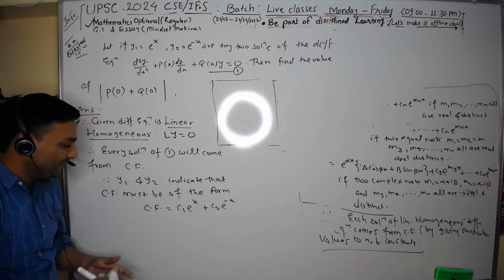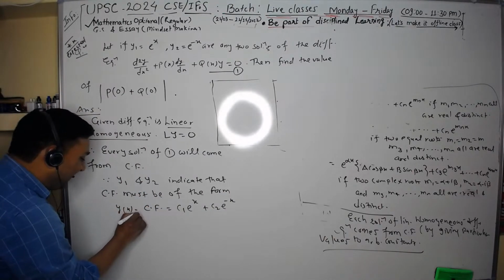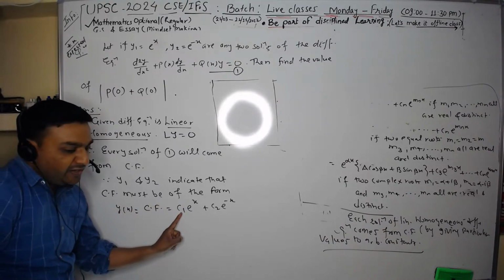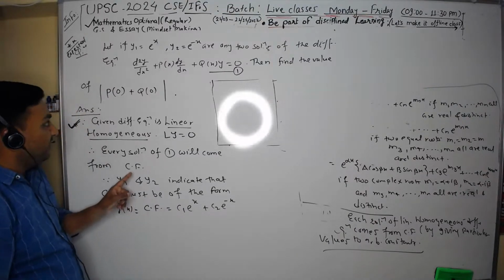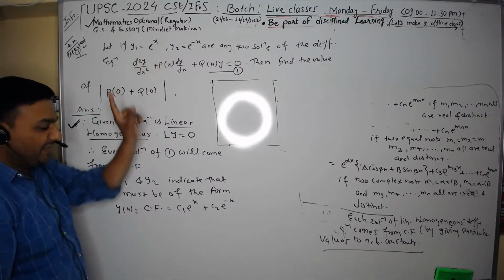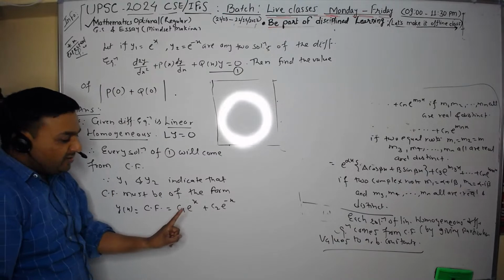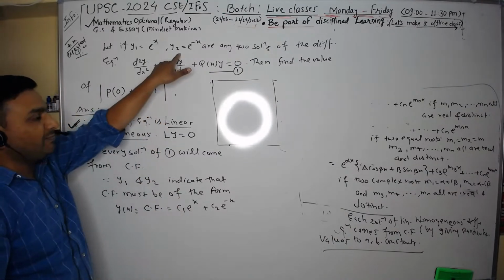Please tell me. If I take C1 का value 1 and C2 का 0, y1 you will get or not? If you take C2 का value 1, C1 का value 0, you will get y2 or not?